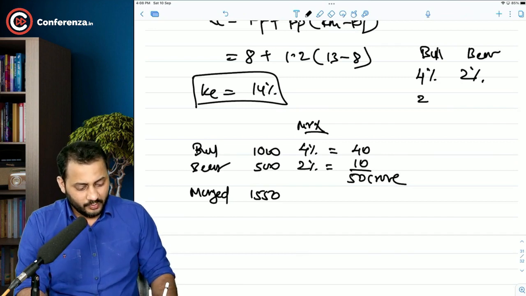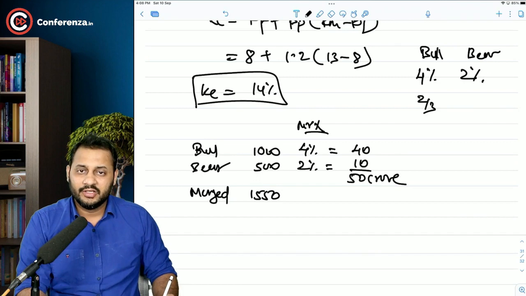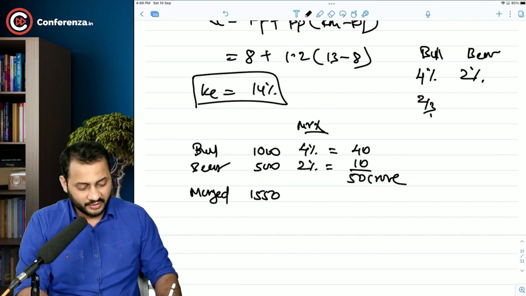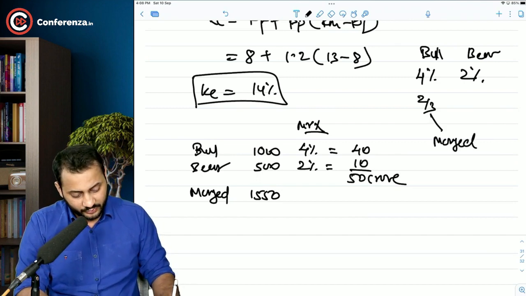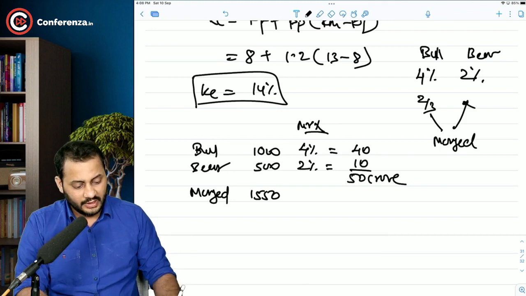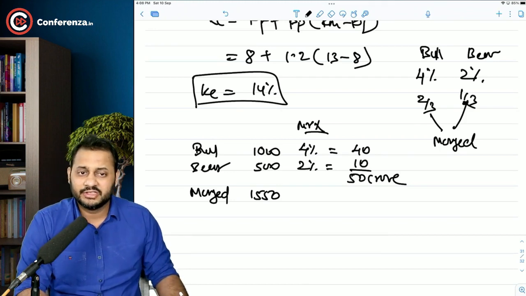So 2/3 is the ratio in which the shares of the merged entity are distributed to Bull, and 1/3 is the ratio in which the shares of the merged entity are distributed to Bear Limited.